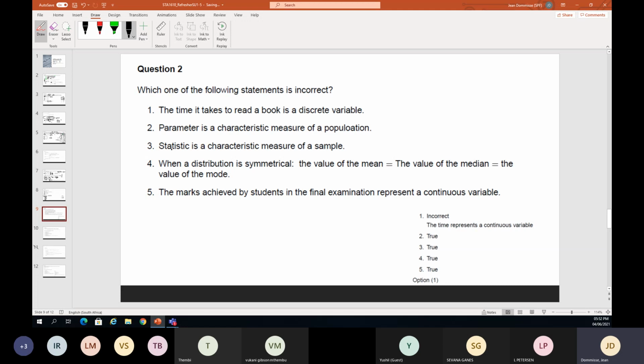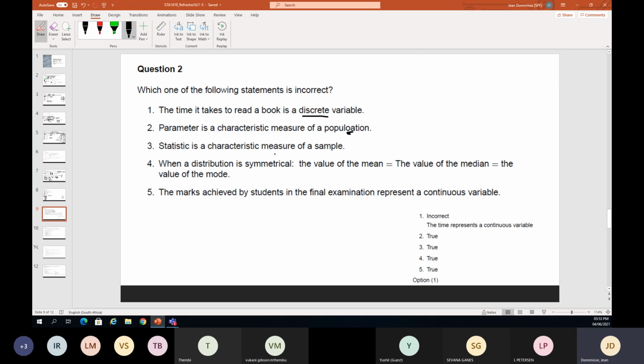Which of the following statements is incorrect? The time it takes to read a book is a discrete variable. The parameter, now they throw in, what was the study unit 2? Parameter is a characteristic measure of a population.